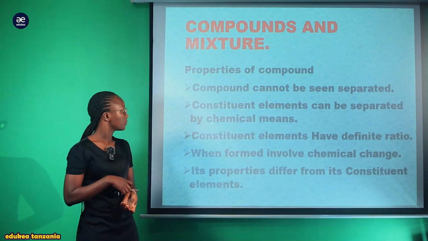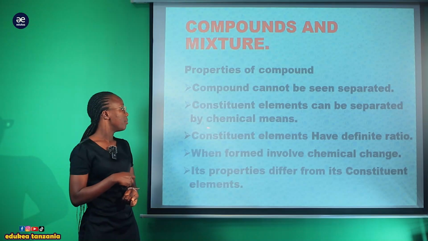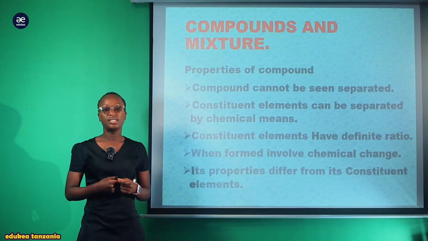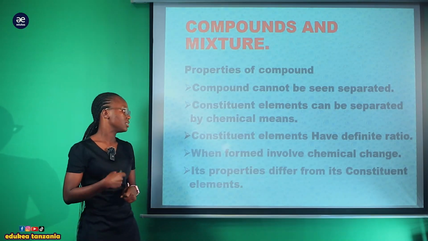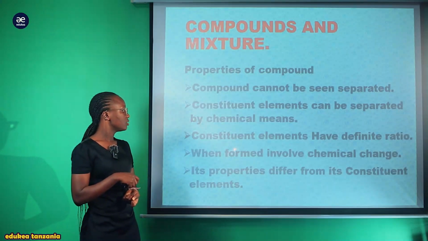Another is constituent elements can be separated by chemical means, kwamba component zake hauwezi kuziseparate katika hali ya kawaida until you apply the chemical means, is where you are able to separate them. Another is constituent elements have a fixed ratio.